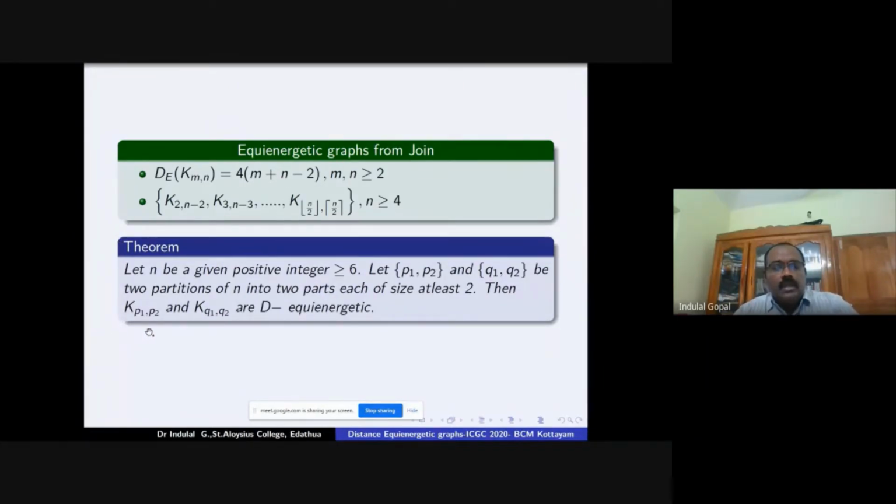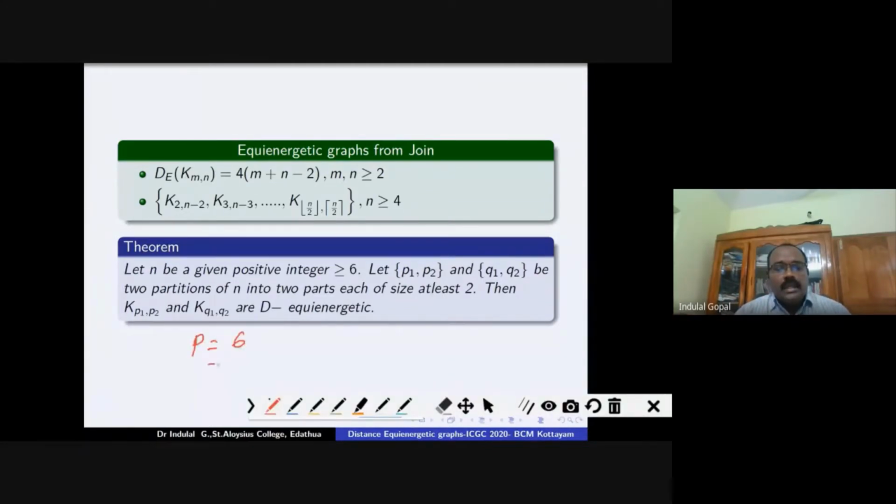So for example, when n equals 6, 3 plus 3 and 2 plus 4 are two partitions of 6 into two parts, each of size at least 2.